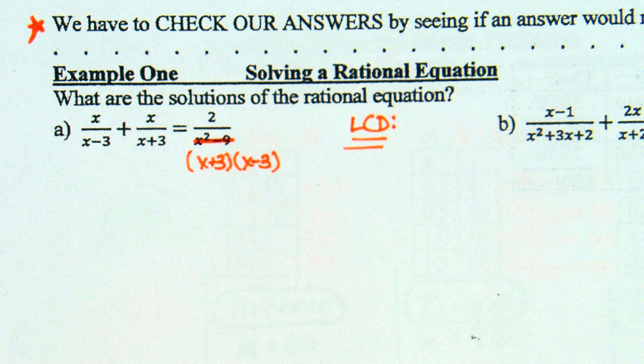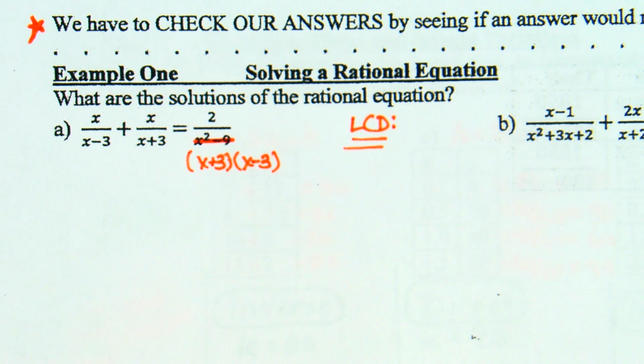Is there anything that all 3 fractions have in common? No. There's nothing that all 3 fractions have in common. Is there anything that 2 fractions have in common? Okay. The first and the last fraction both have an x minus 3. So since x minus 3 is in common in 2 of our fractions, that should be part of my common denominator.